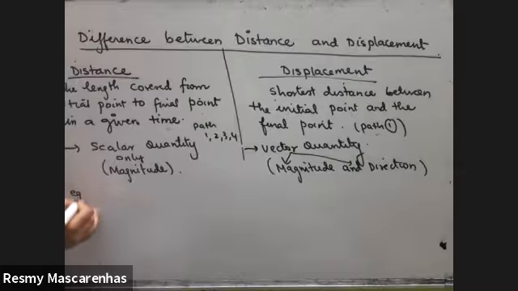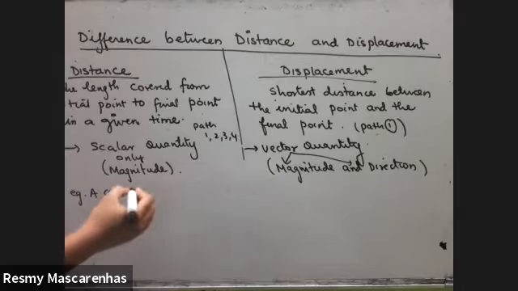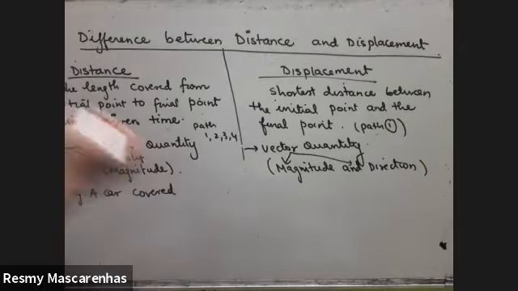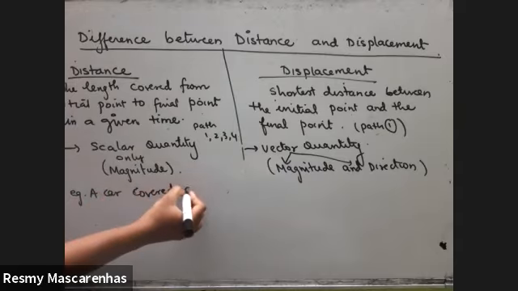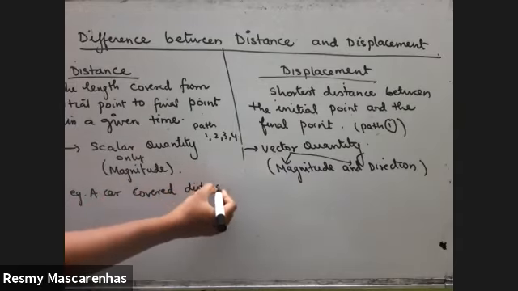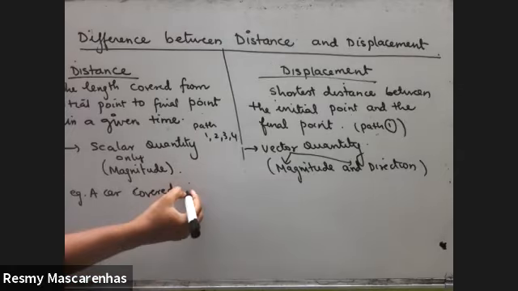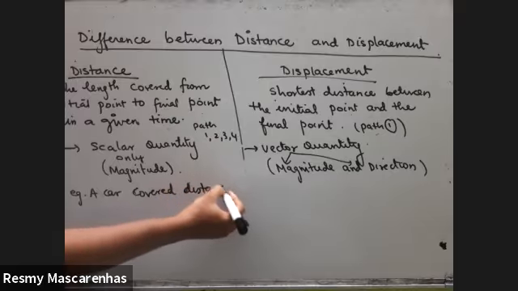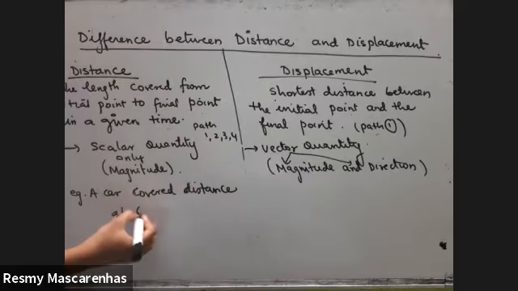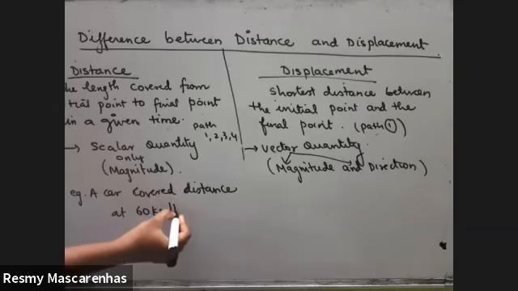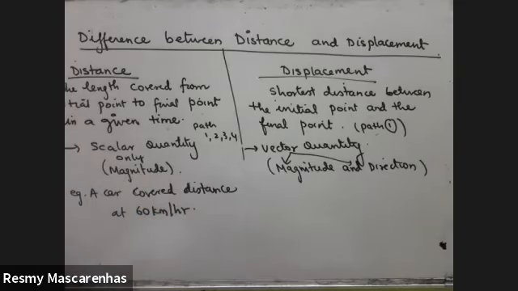Example, a car covered distance. Distance only we will say: a car covered distance at 60 km per hour.